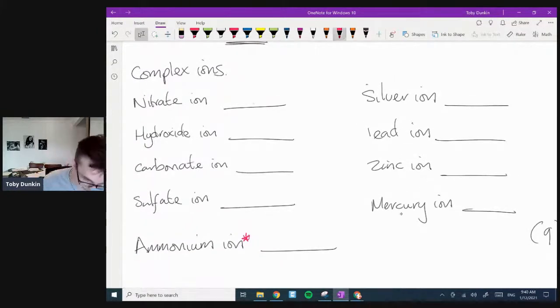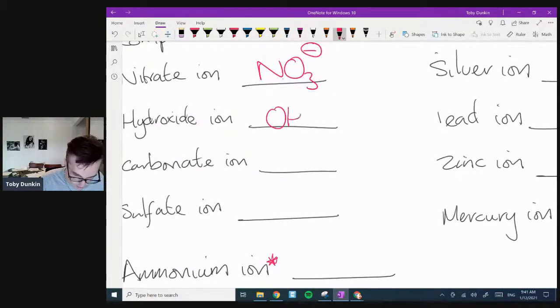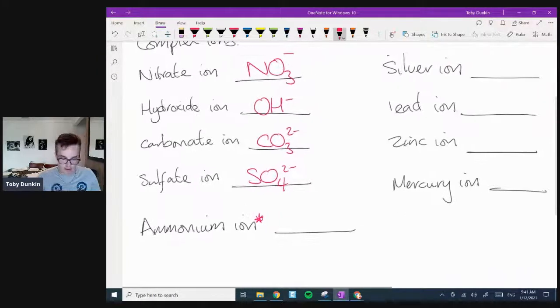Okay, so nitrate, NO3 minus. I like that one. Hydroxide, OH minus. Carbonate, CO3 2 minus. I don't need the circling. I was circling it just for habit. Sulfate, SO4 2 minus.